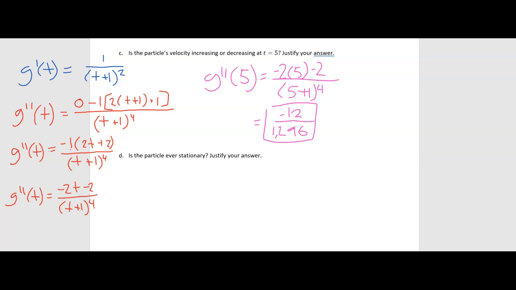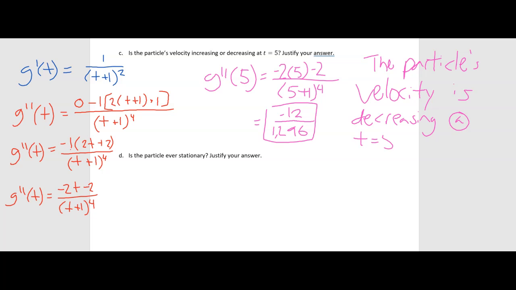So the second derivative is negative, which means the particle's velocity is decreasing at t equals 5, because g double prime of 5 is less than 0. So for this one, we had to find the second derivative and use that to justify.